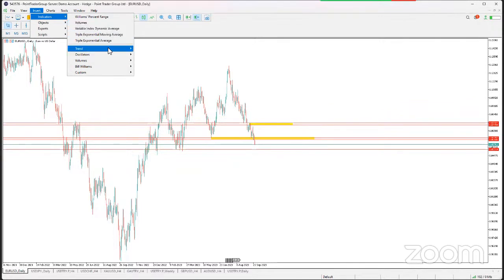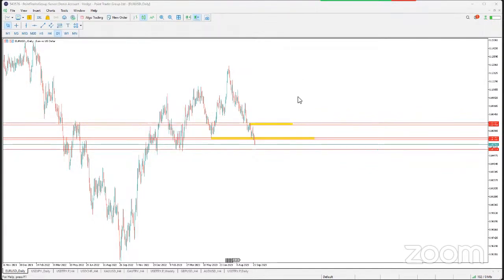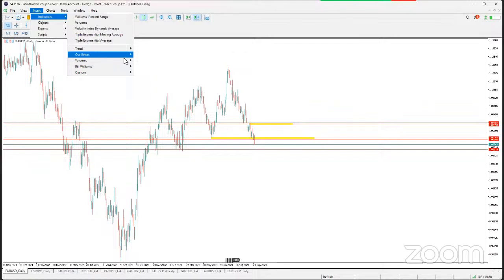In our case, I want to insert something that is called stochastic oscillator. This is one of my favorite indicators. I believe this can help you in trading in some certain ways. So I'm gonna insert it on our chart.